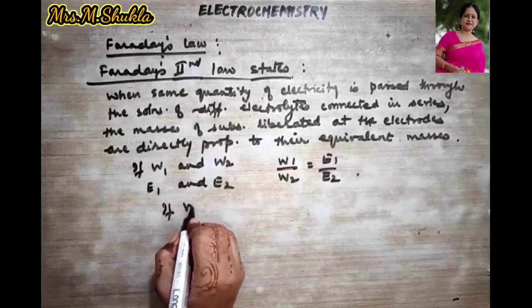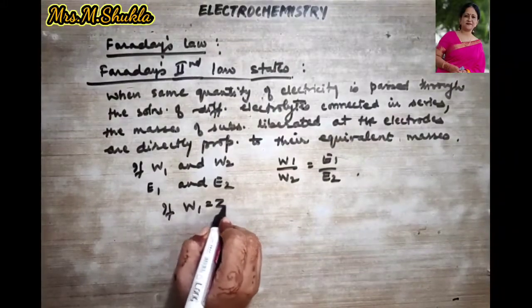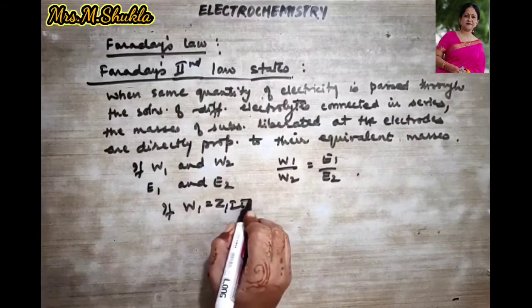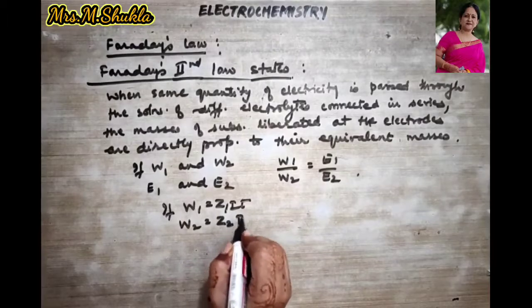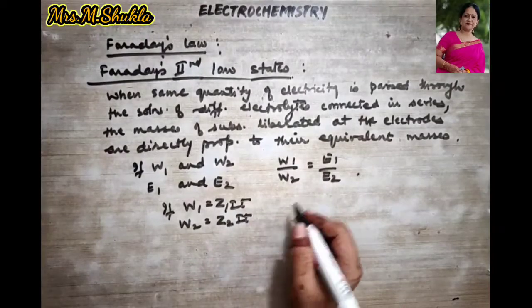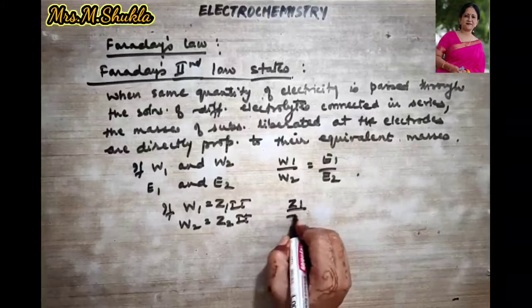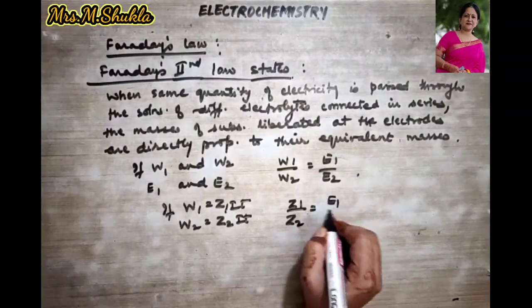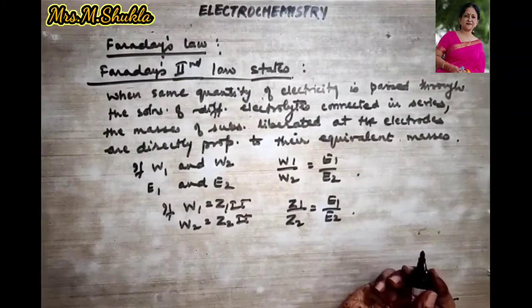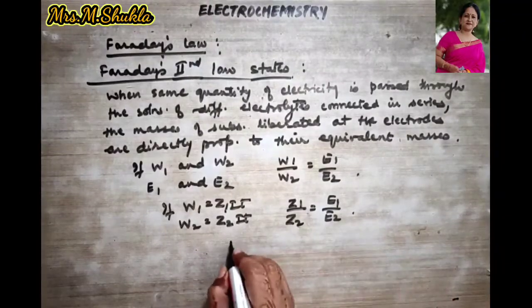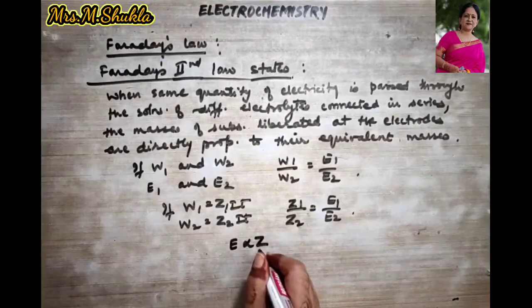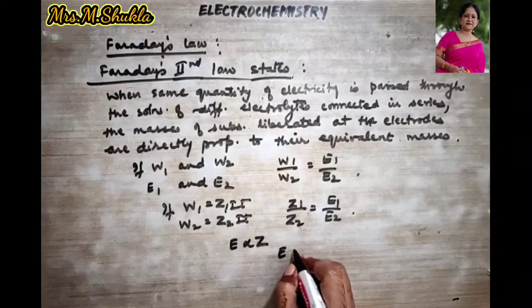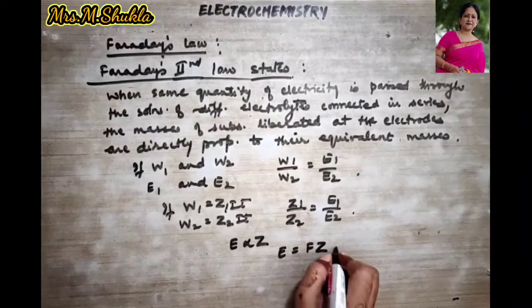And if your W1 is equal to Z1 I T and W2 is equal to Z2 I into T, then we can also say Z1 upon Z2 is equal to E1 upon E2, isn't it? So we know that E is directly proportional to your electrochemical equivalent.